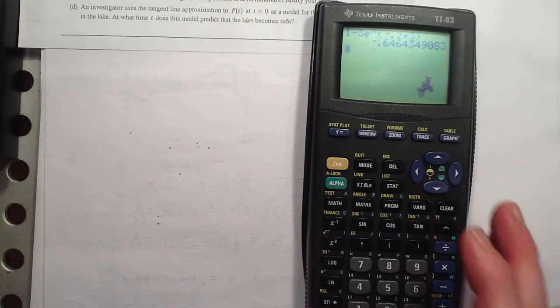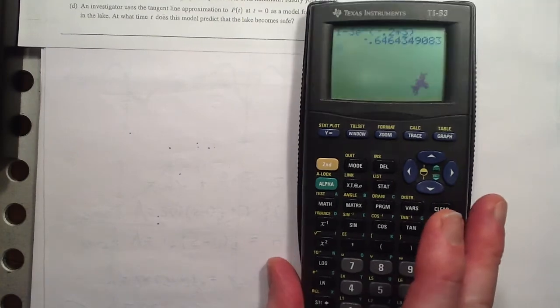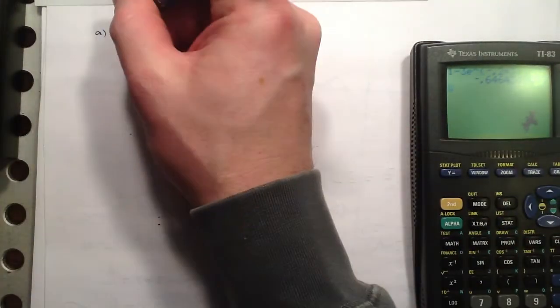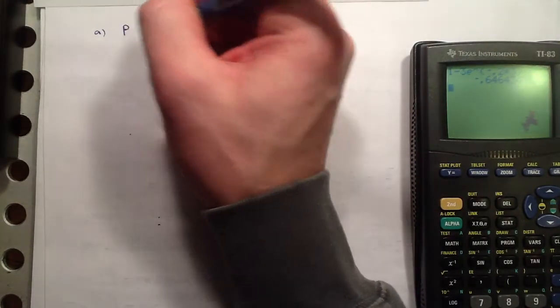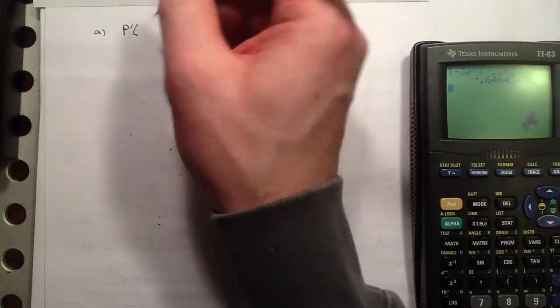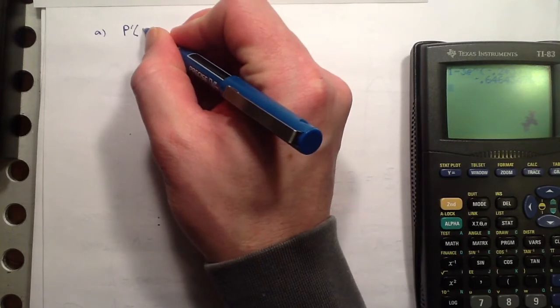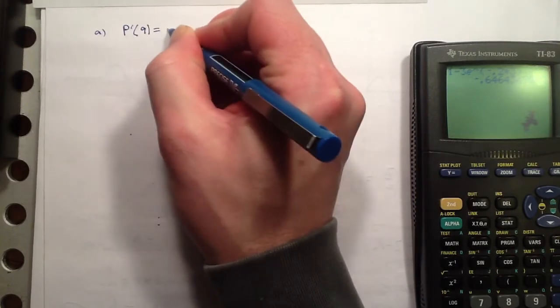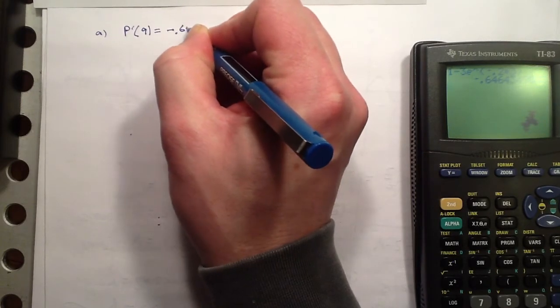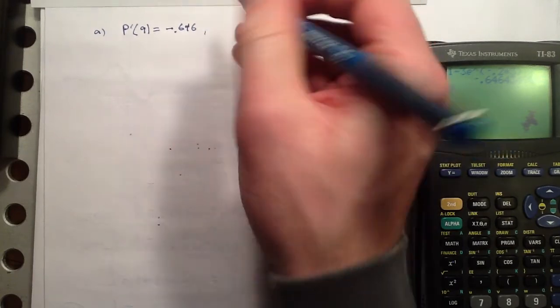So it looks like it's decreasing. It's negative 0.646. So P prime of 9 is equal to negative 0.646.